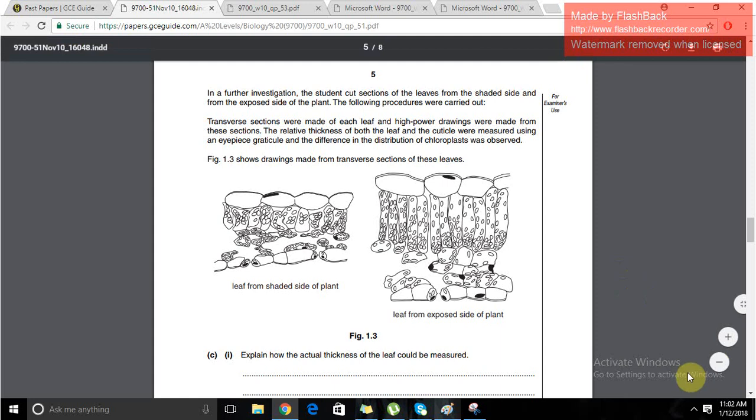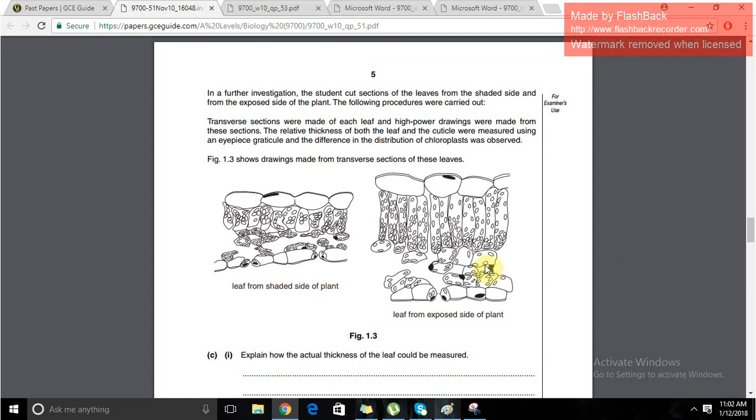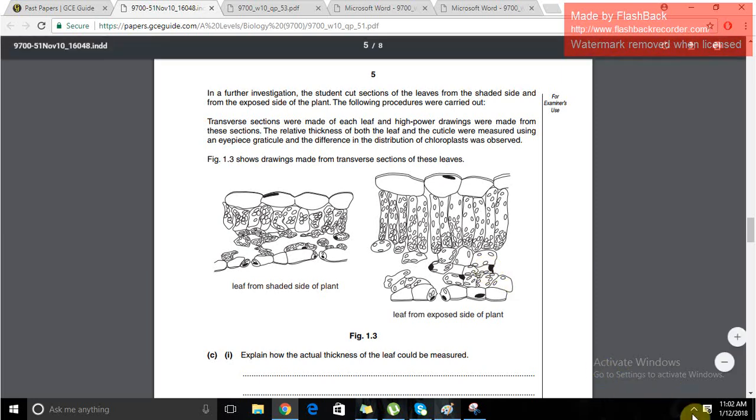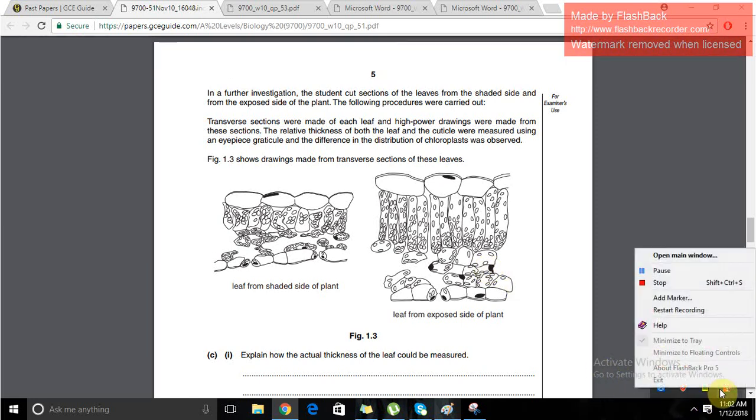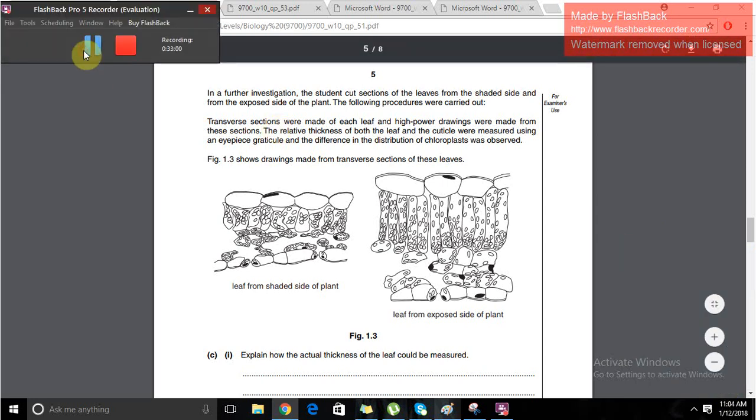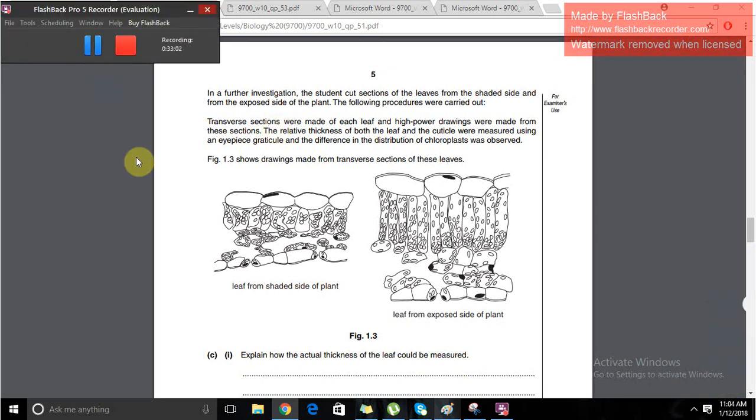Now we have, in a further investigation, the student cut sections of the leaves from the shaded side and from the exposed side of the plant. The following procedures were carried out.